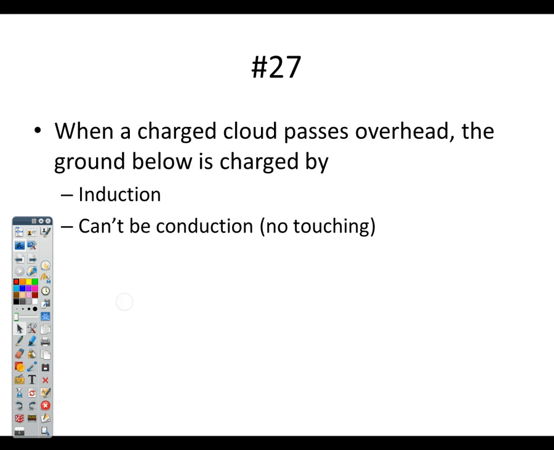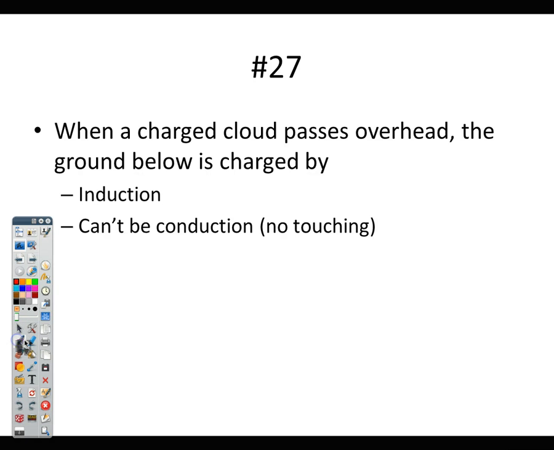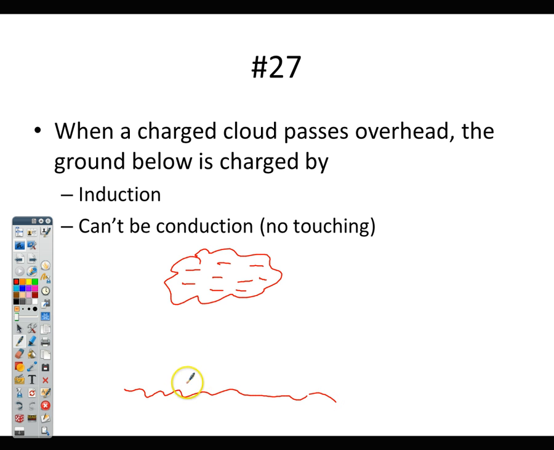Number 27, when a charged cloud passes overhead, the ground below is charged by induction. If you have a cloud up above the ground and that cloud is negatively charged, this cloud is not touching the ground, but we know that the ground will have positive charges move.